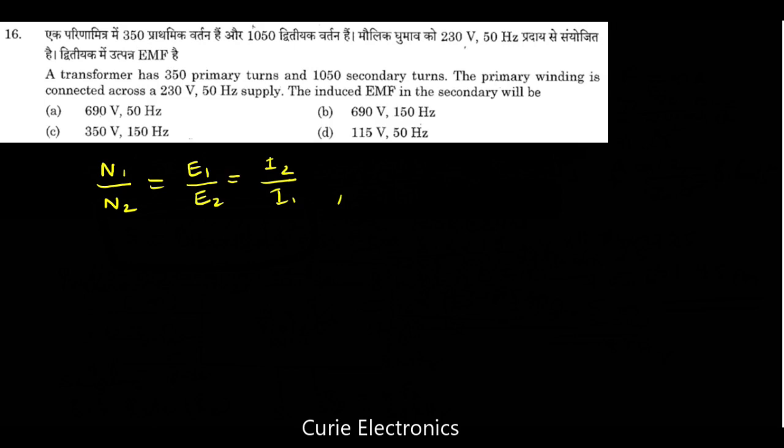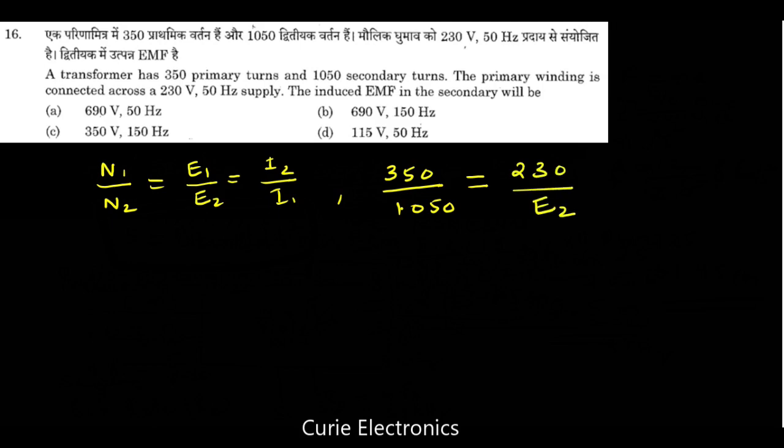Now in the question, we have to find E2. N1 is the primary turns, 350. So 350 upon, what is the secondary turns? 1050, equals E1, the primary voltage, 230 volt, upon E2.